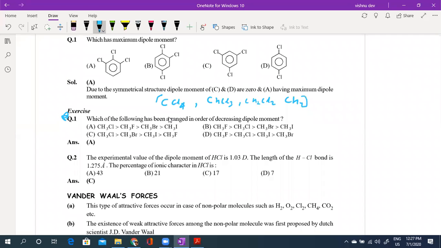Homework, this is your homework. Okay, write it down. CCl4, CHCl3, CH2Cl2 और CH4, order of dipole moment.